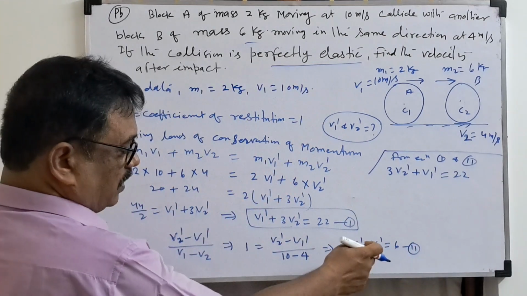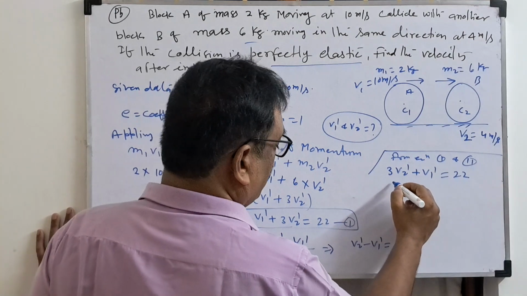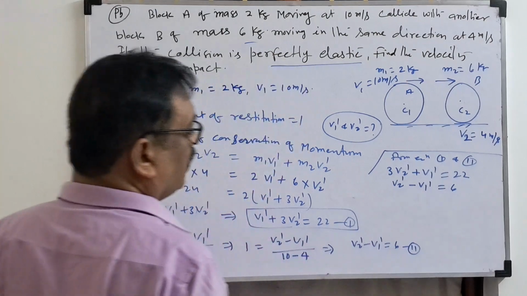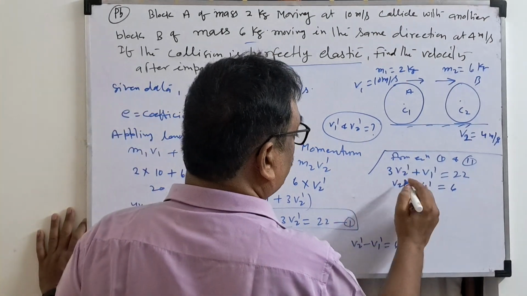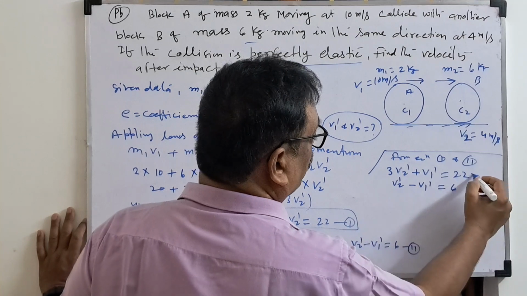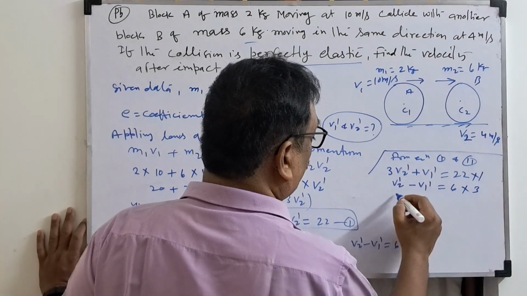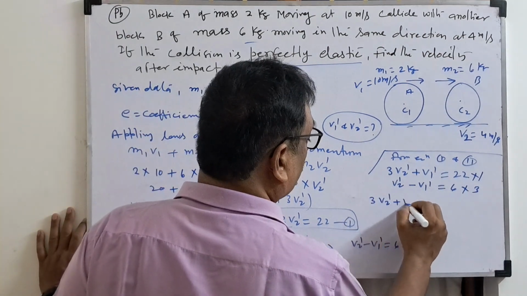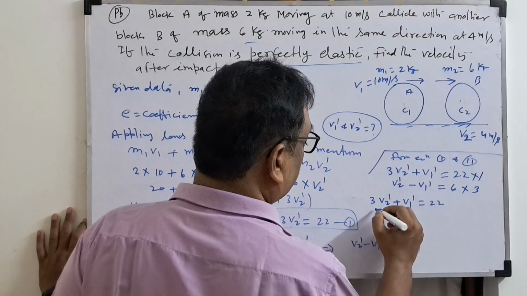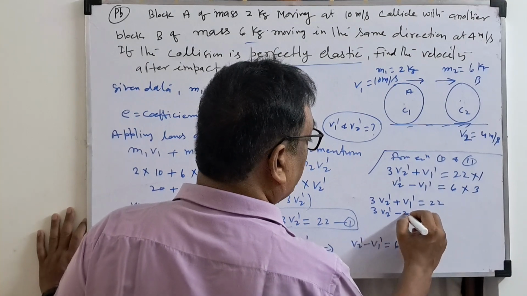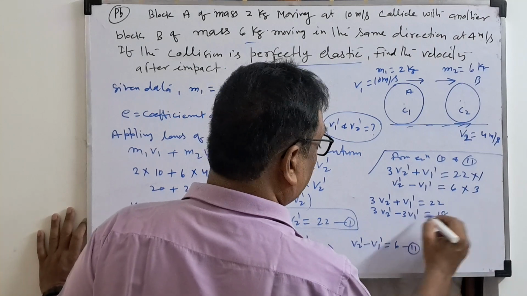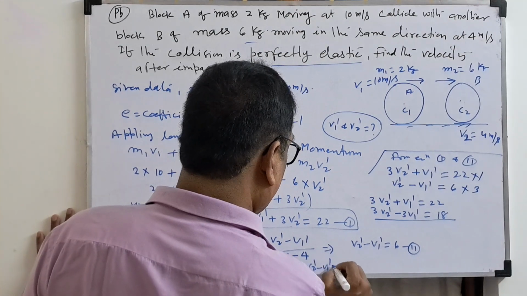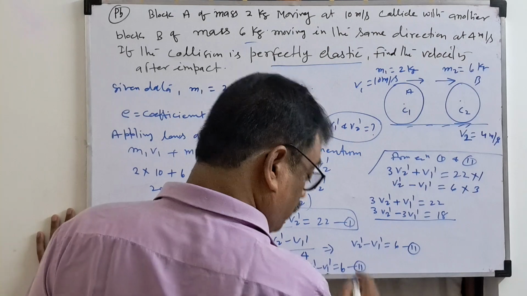For our convenience we write it like this, with equation 2 as V2 dash minus V1 dash equal to 6. Multiply equation 2 by 3, and we get the new equation 3 V2 dash minus 3 V1 dash equal to 18. Bring equation 1 here as 3 V2 dash plus V1 dash equal to 22.